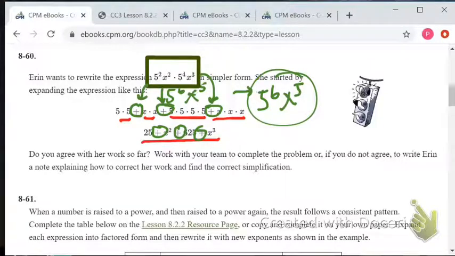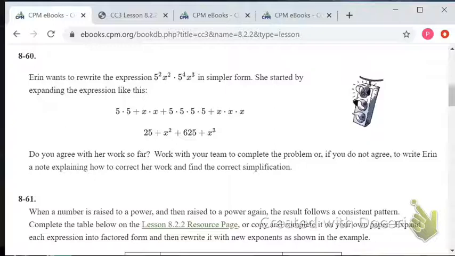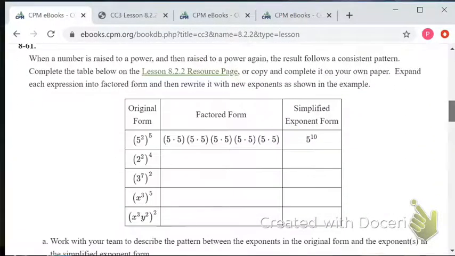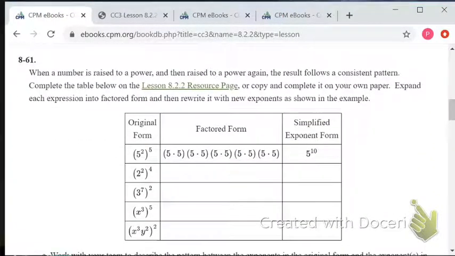Okay, let's move on to problem number 61. So 61 gives you this table. And this table is actually on the back of the handout that you got on Monday from 8.2.1.